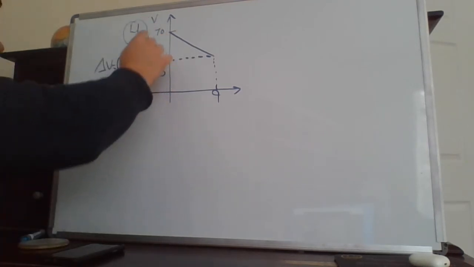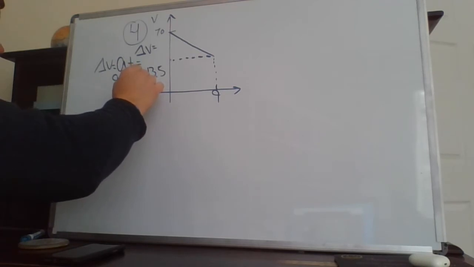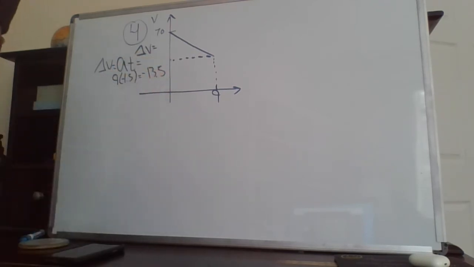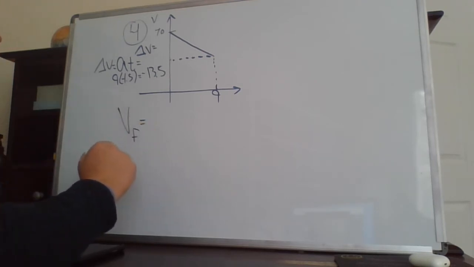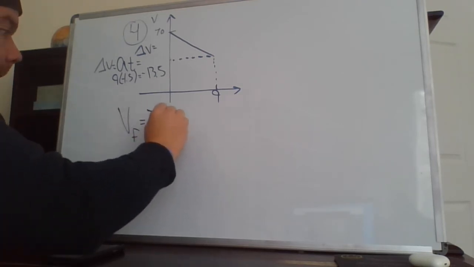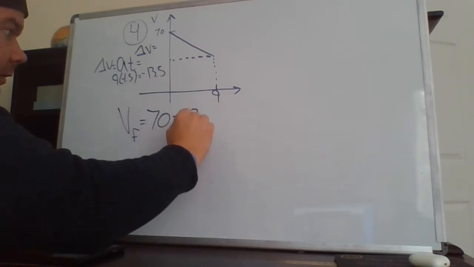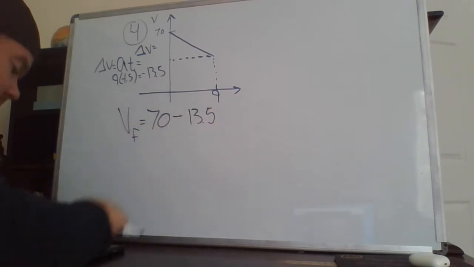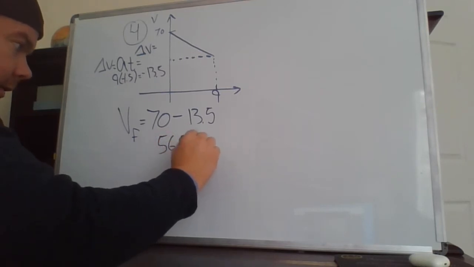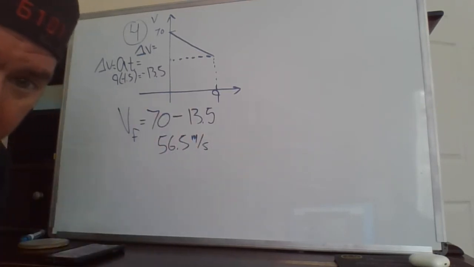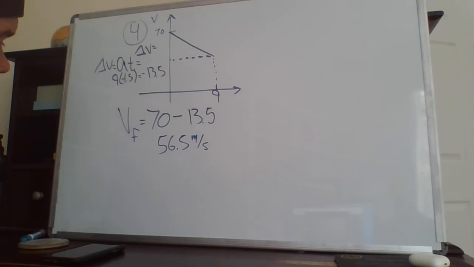It decreases from 70 meters per second to 70 minus 13.5. So we can actually figure out the final velocity is going to be 70 minus 13.5, which is 56.5 meters per second.